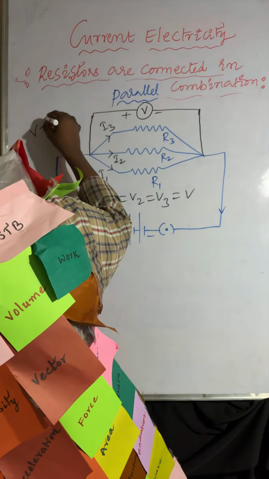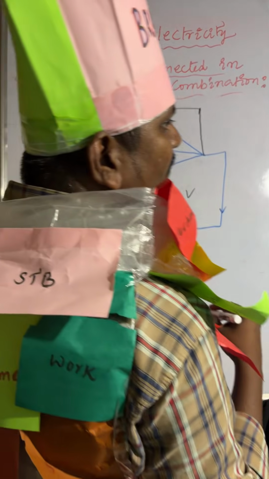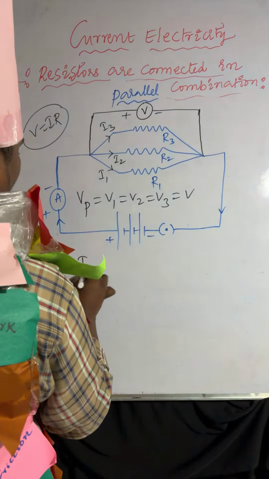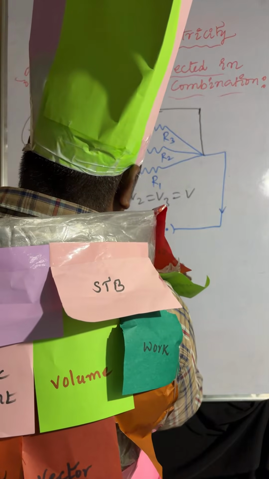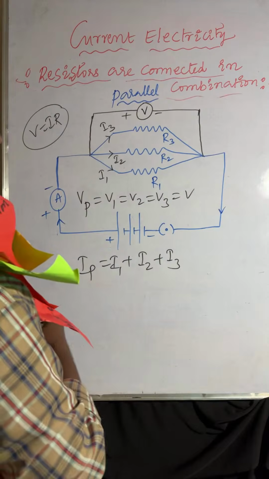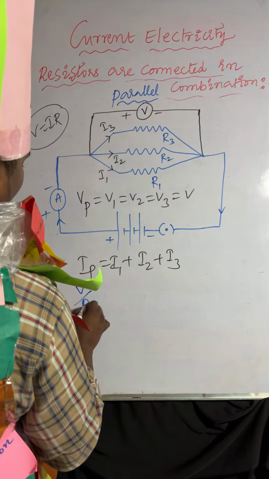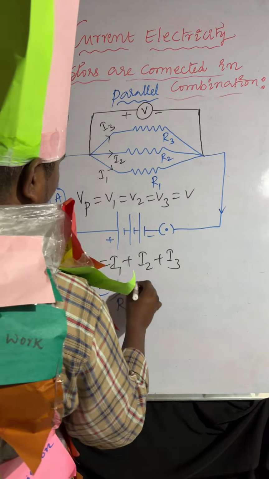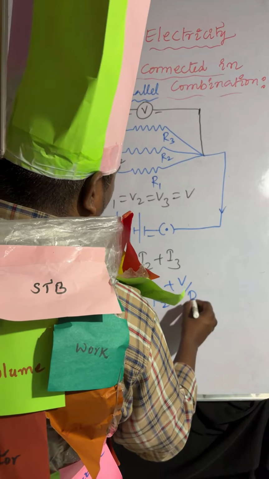So V equal to IR. Yes or no? Now by that we can write Ip equal to I1 plus I2 plus I3. The current is different, but the potential difference is the same, right? So V by Rp equal to V by R1 plus V by R2 plus V by R3.